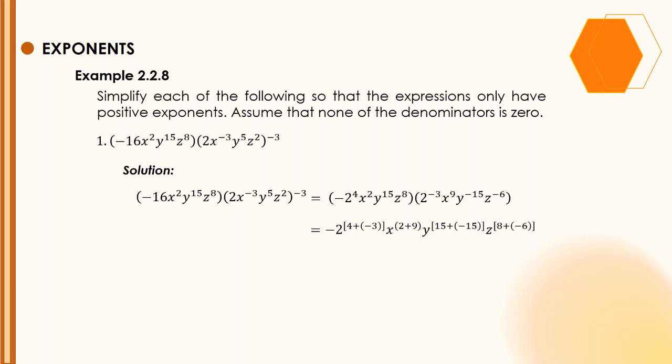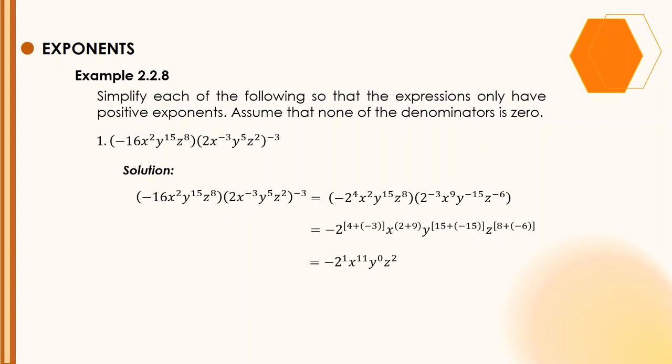So, that is negative 2 to the power of 4 plus quantity negative 3, x to the power of 2 plus 9, y to the power of 15 plus quantity negative 15, z to the power of 8 plus quantity negative 6.